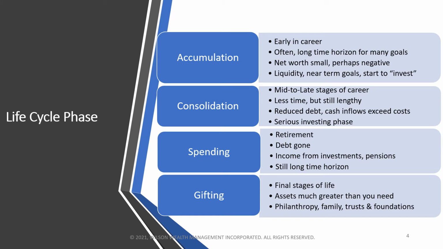Now we get into the life cycle phase, and this is really the only thing I wanted to talk about today, other than the fact that time is obviously a huge consideration in one's investor profile. But the life cycle phase reflects how people are different.